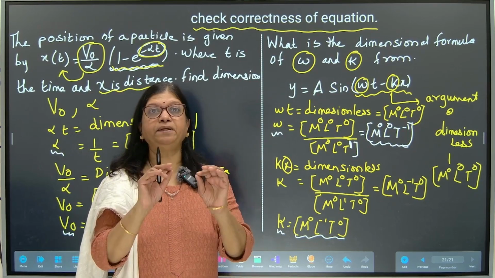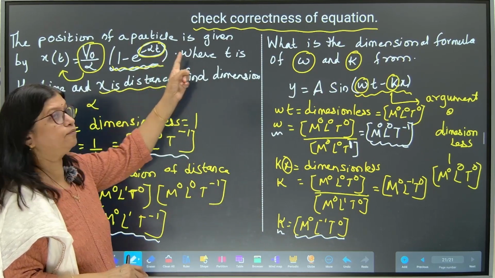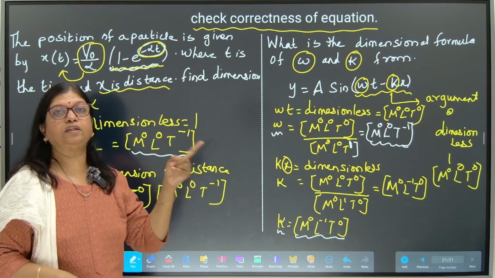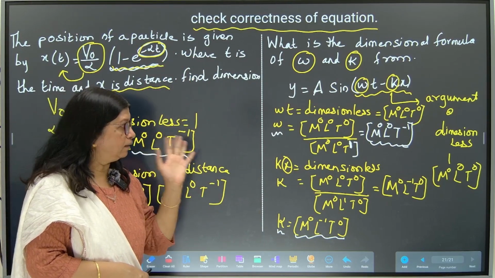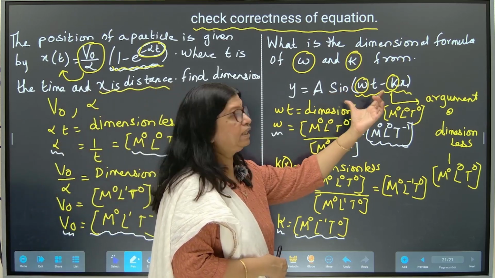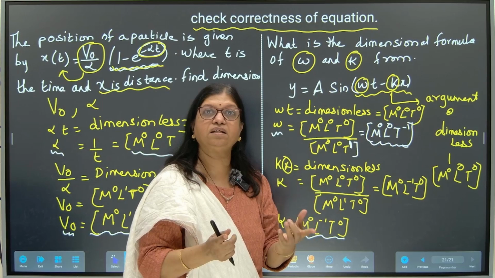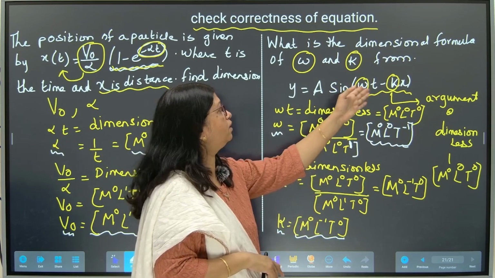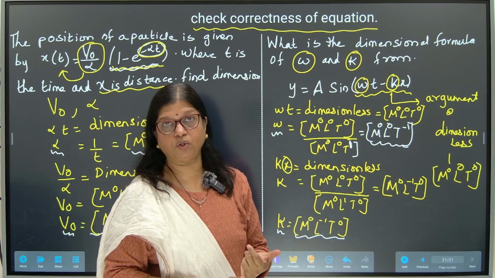Okay. So keep it in mind. Whenever there is an exponential form, the power is dimensionless. Okay, and whenever there is a sine function, its argument, its theta, is dimensionless. Every term is dimensionless. If they are dimensionless, then what should I write?